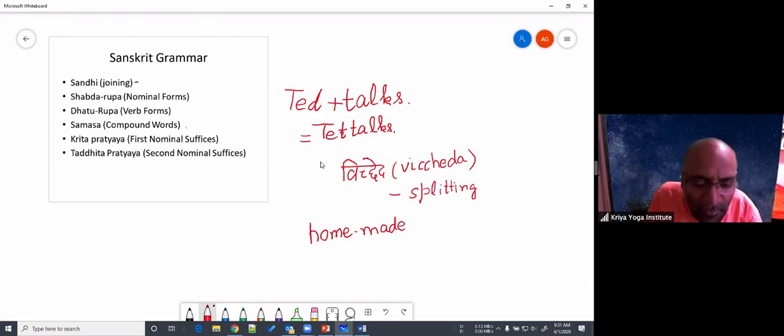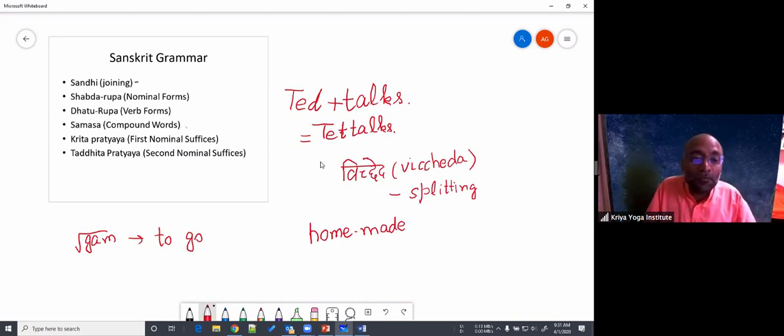Yesterday I talked about a root word called gum, which means to go. From this root, not just the verb, but all the nouns are also derived.